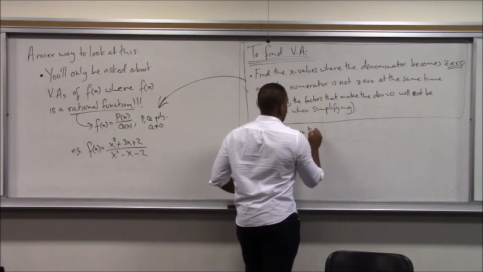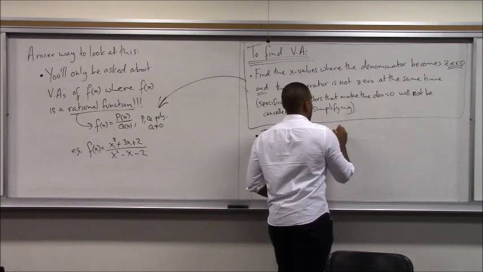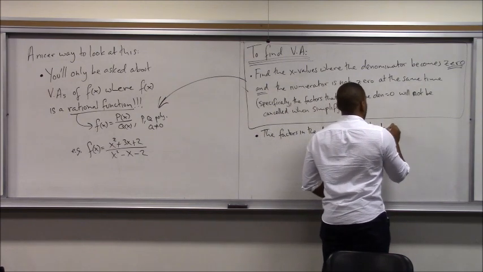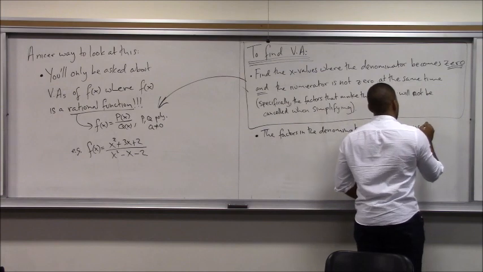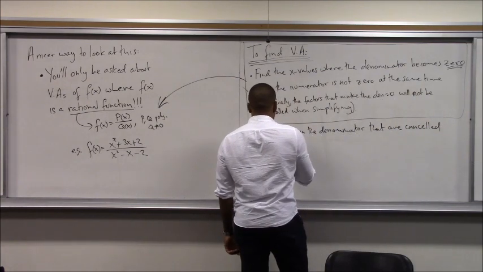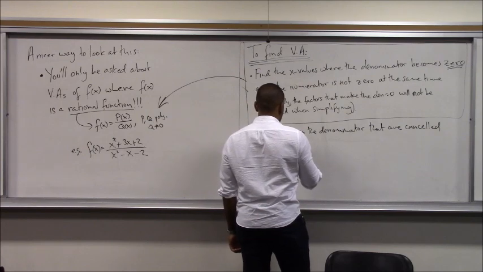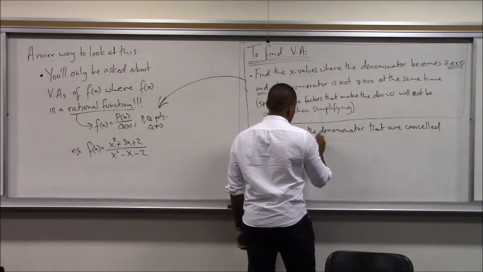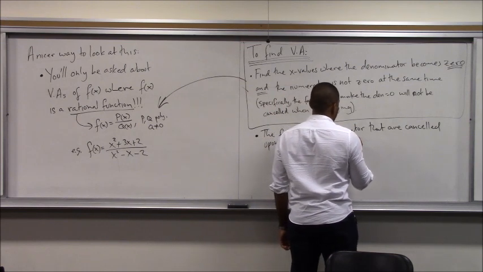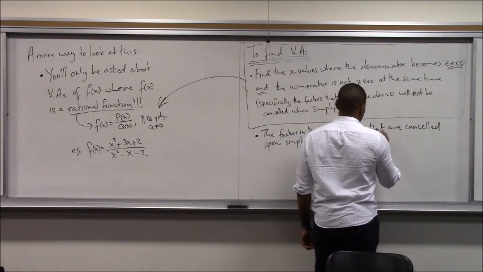Factors in the denominator that are cancelled upon simplification tell you about holes.